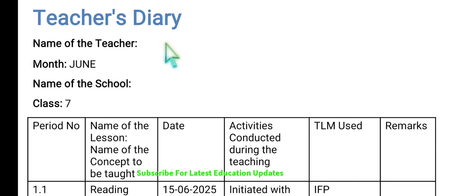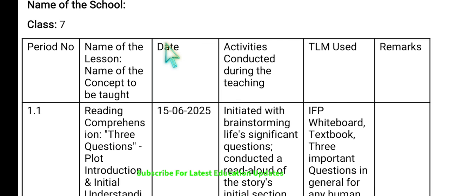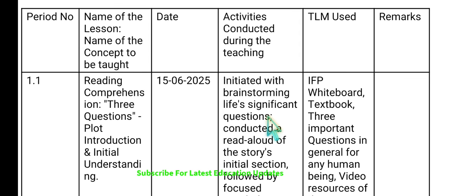Now for class 7, the 3 lessons covered in the month of June were the 3 questions, followed by the poem Squirrel and the Tiny Teacher from the supplementary reader. Activities conducted: here we can frame sentences like this: initiated a discussion with brainstorming on life-significant questions and conducted a read aloud technique of the story's initial sections.